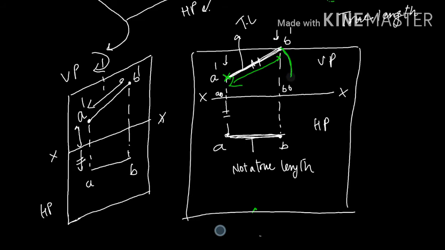Mark a curve, or rotate this point in this direction so that this point and this point come in a straight line. After that, from this point draw a straight line up to the extension of AB. So this is B dash. Now AB dash is the true length.